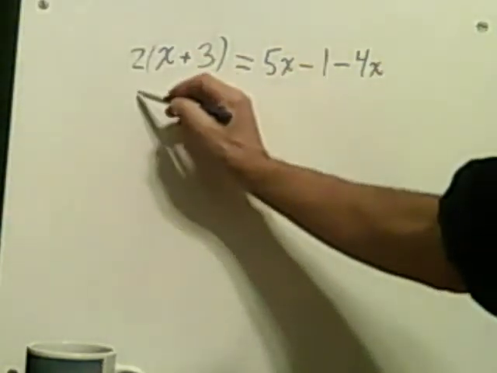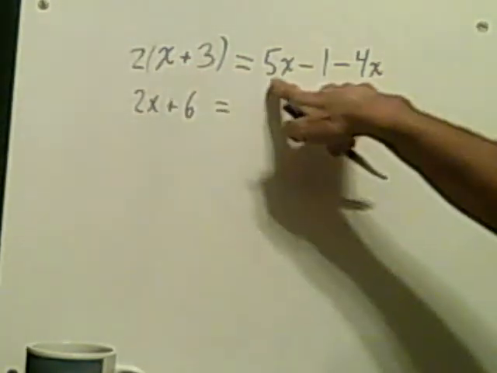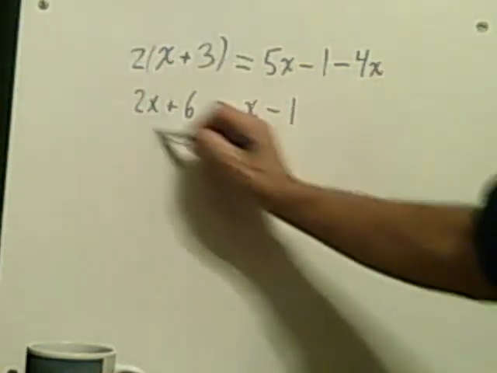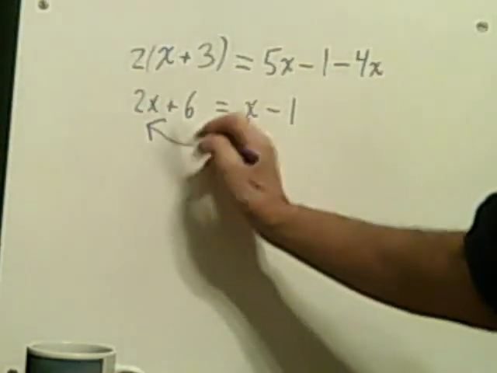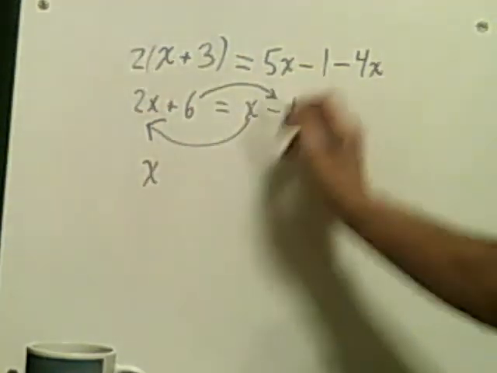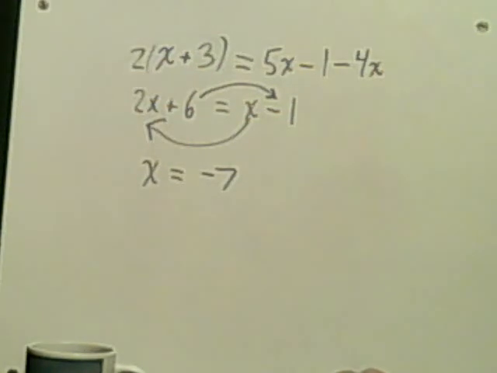So, like before, this will be 2x plus 6 equals, now 5x minus 4x, that's just going to be x. That's going to be minus 1. I'm going to move the x over here as a negative to make it 1x. I'm going to move the 6 over here as a negative to get negative 7. So x is going to be negative 7.